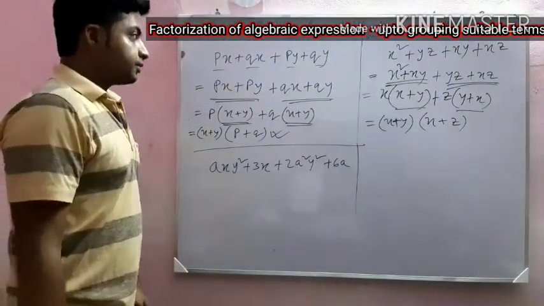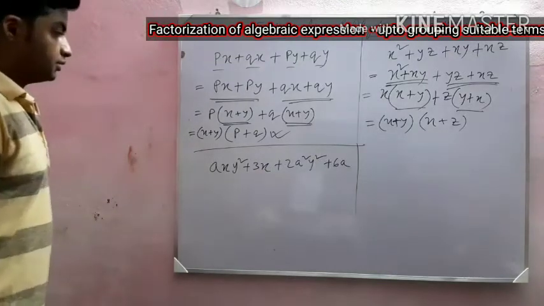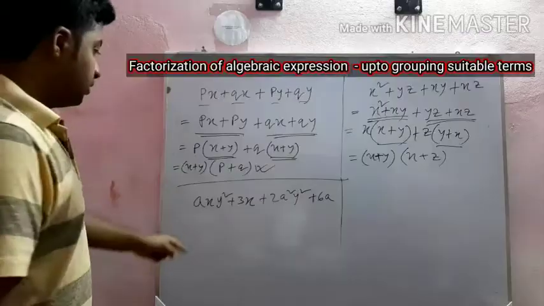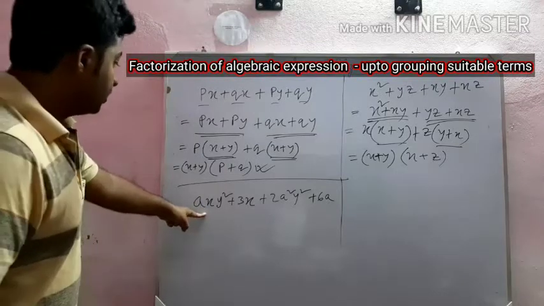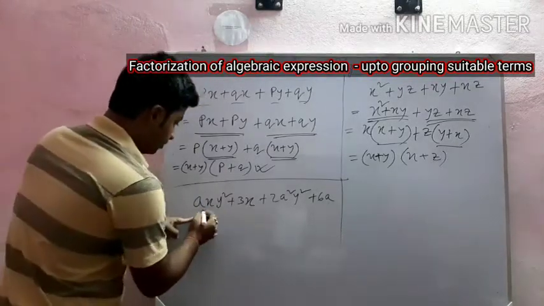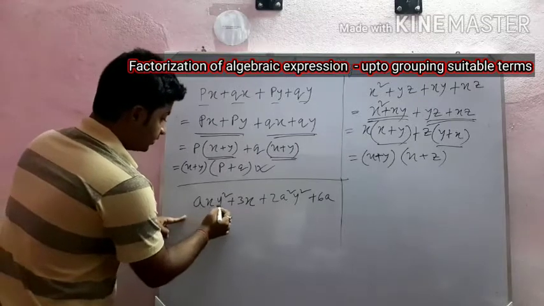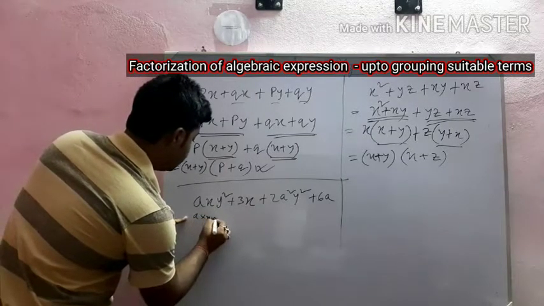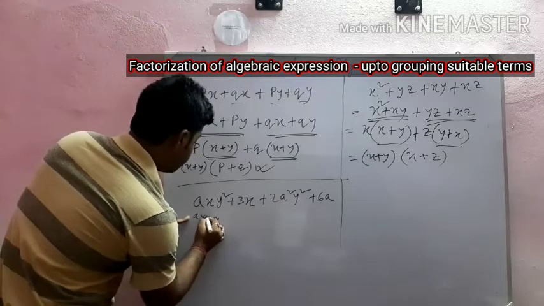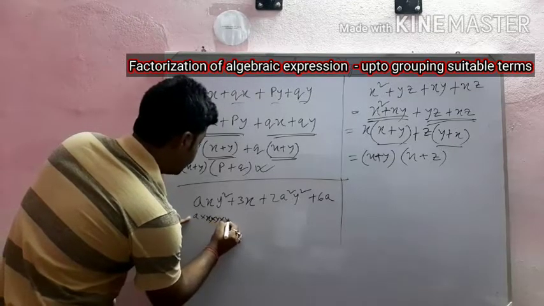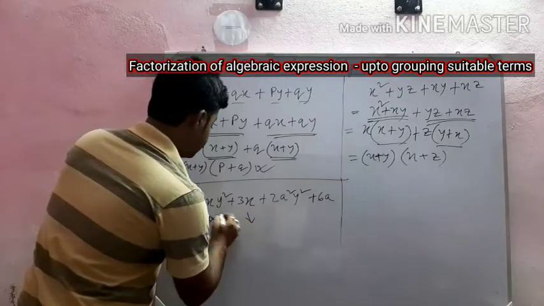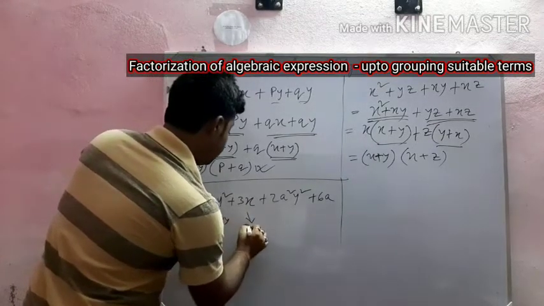Okay. Here also, you have to take something common. See, what are the factors of axy square? a into x into y into y. Then factors of 3x: 3 into x.